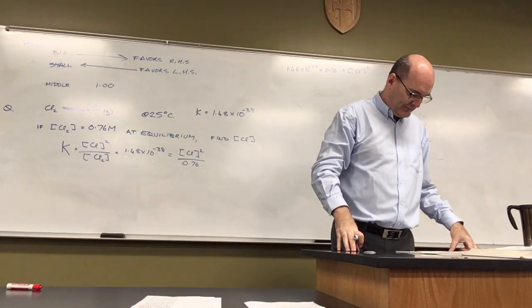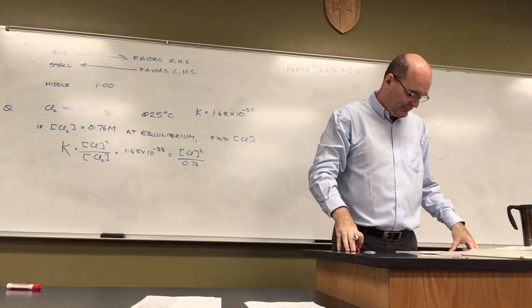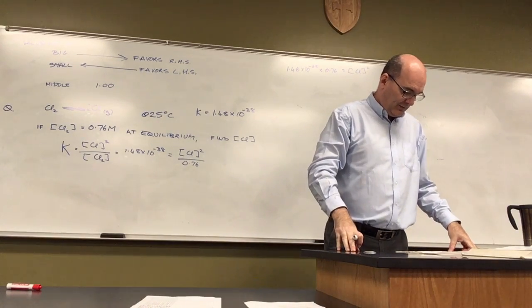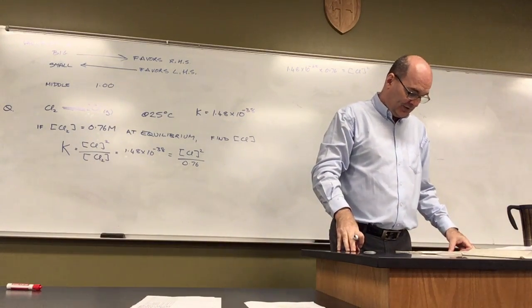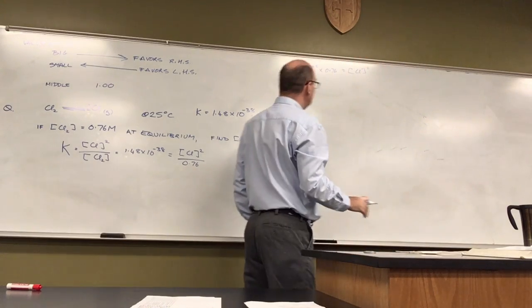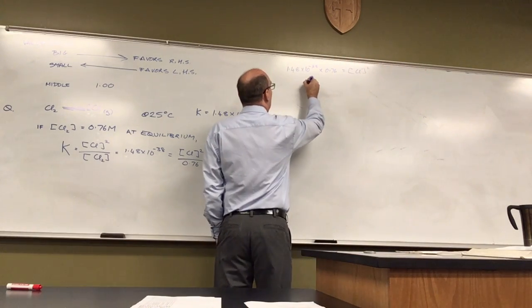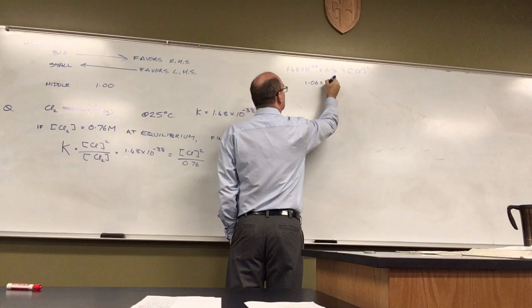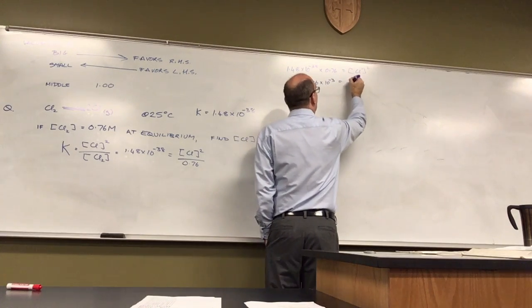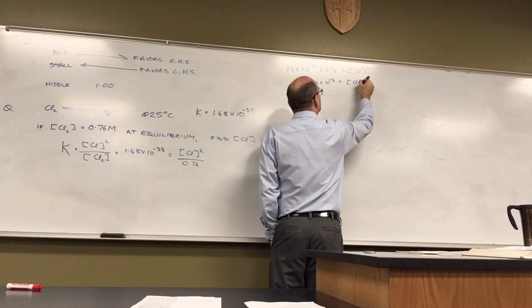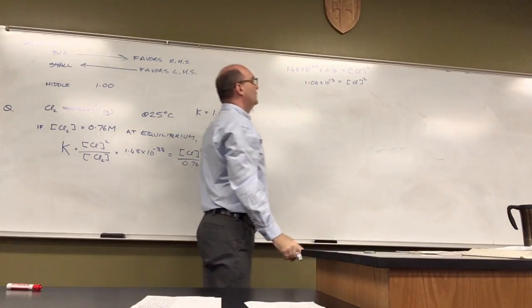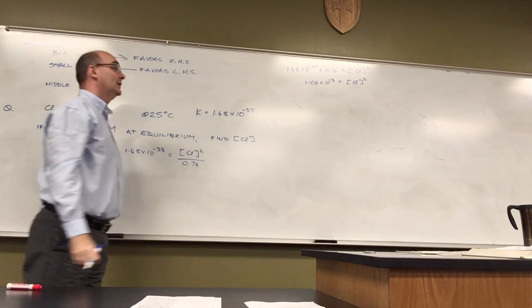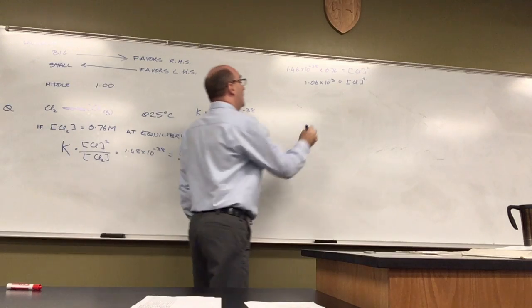Get on your calculator and find out that that is 1.06 times 10 to the negative 38. And that's going to be equal to the square of the chlorine atom concentration.